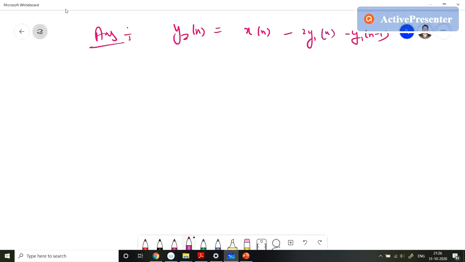Minus y1(n minus 1), and also y1(n) is y2(n minus 1).